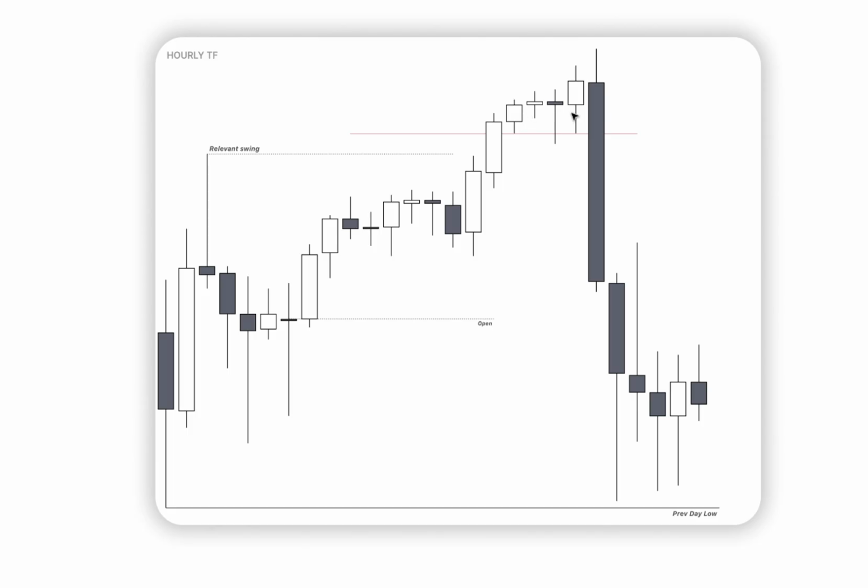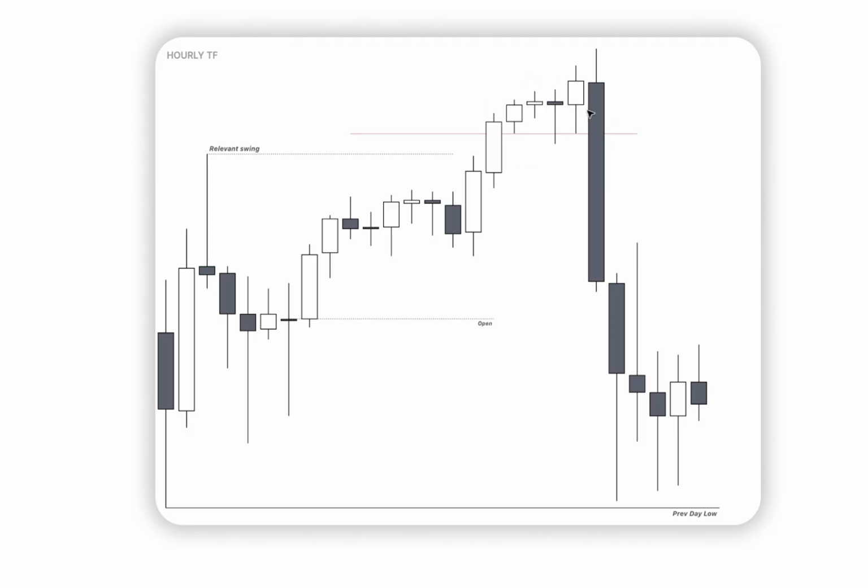When we got to it, as you can see right here, when we broke above it, instead of continuing higher, we consolidated for 4 hours. See, it's 1 hour, 2 hours, 3 hours, 4 hours. We consolidated, so we are creating a range.